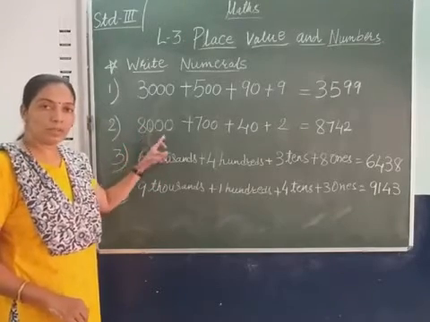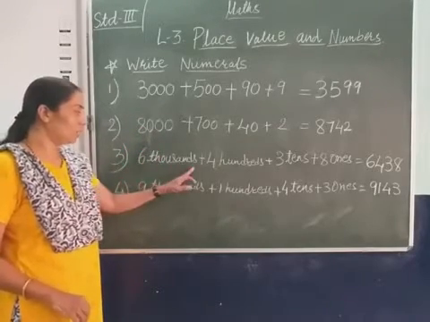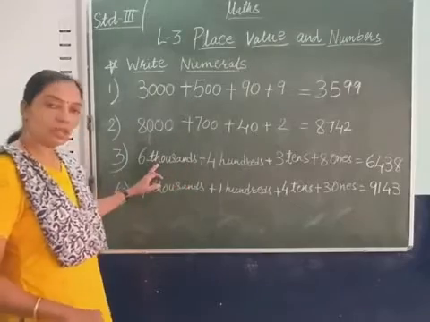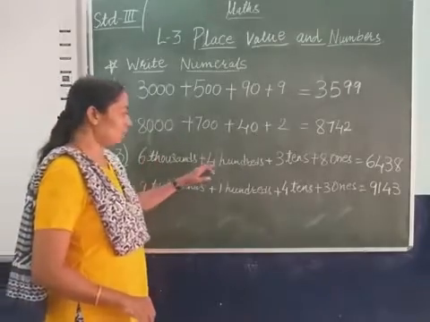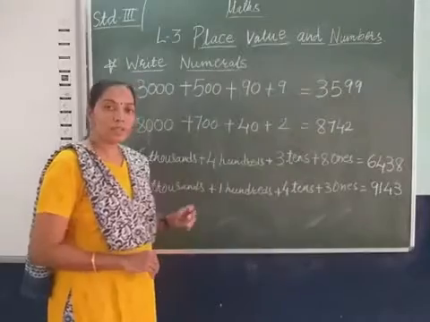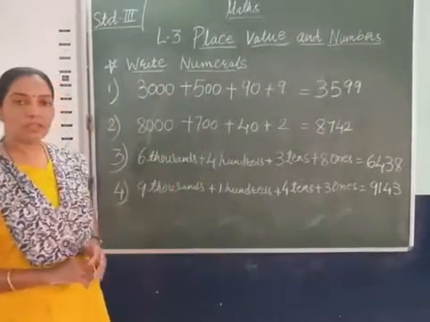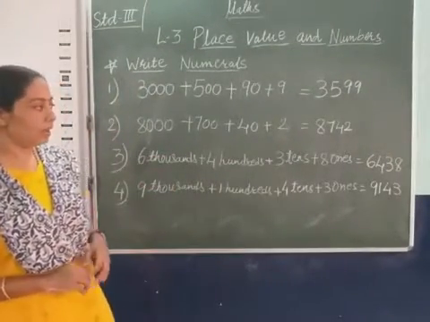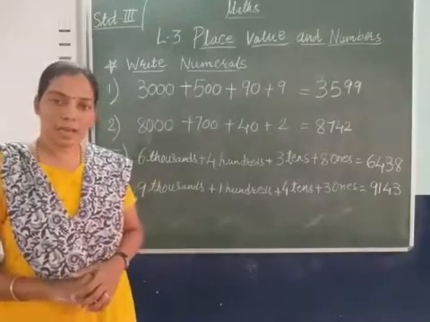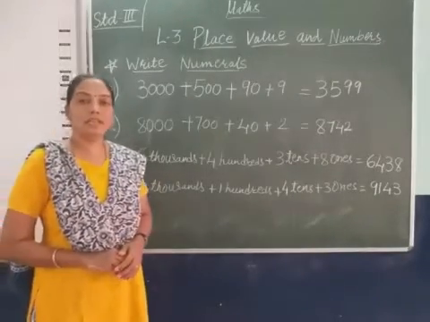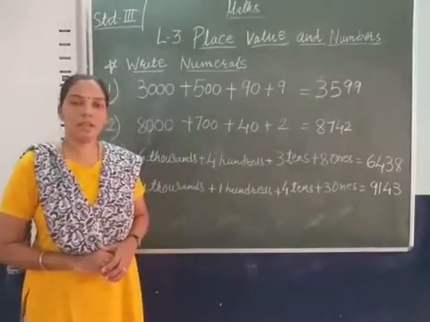Instead of the number they have written in words 6000 plus 400 plus 3 tens plus 8 ones. So we will write the number as 6438. We read as 6438.